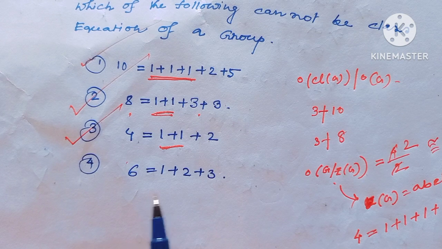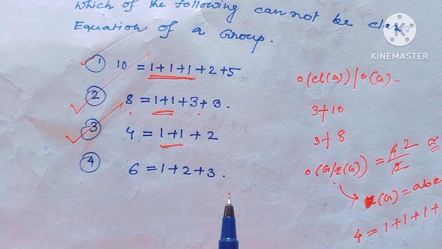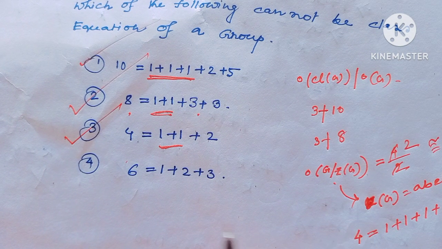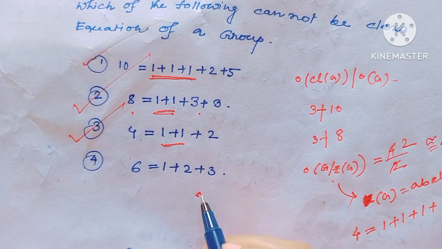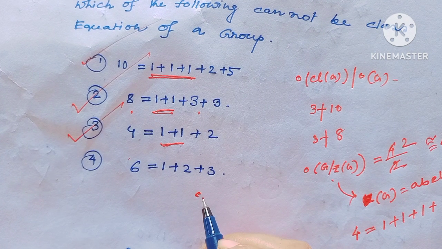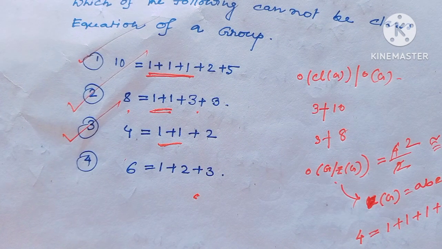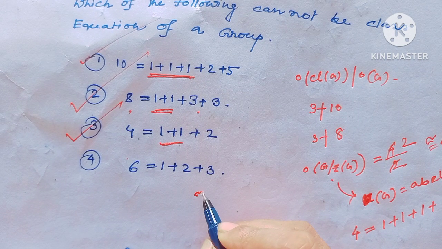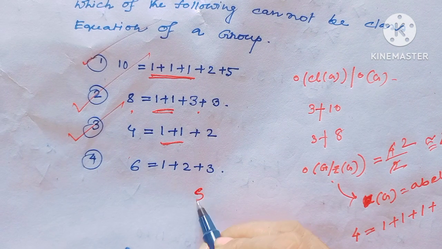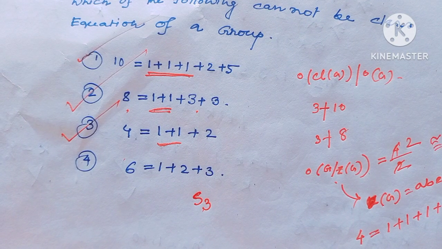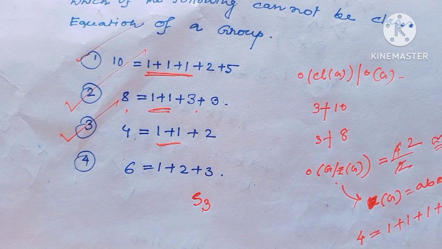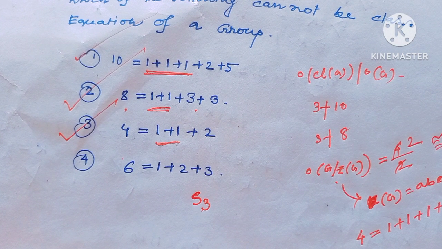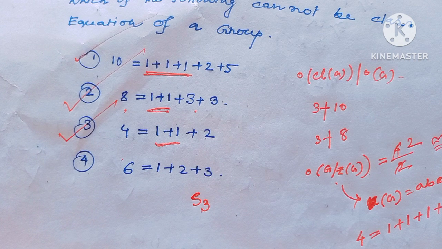Fourth option: 6 equals 1 plus 2 plus 3. This is possible, because up to isomorphism there exists one non-abelian group of order 6. This is S3. And the class equation of any permutation group is determined by cycle type.